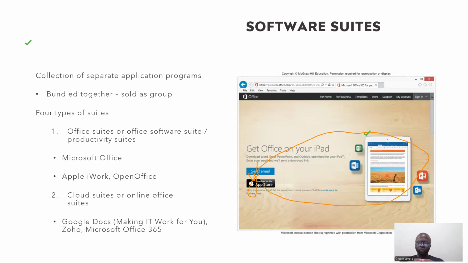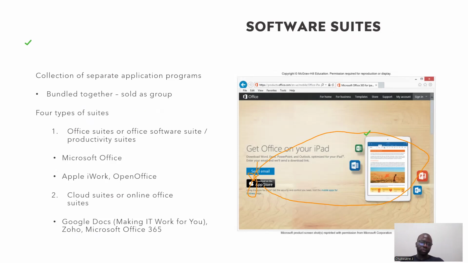A software suite is a collection of separate applications that are bundled together, built together, and sold as a group. So these are independent programs, right? Applications. But when you buy them as a single software, that is what is called a software suite.